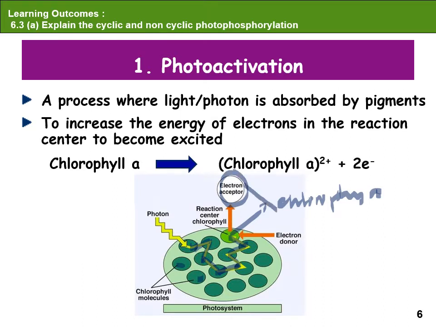So kemudian dia akan lalu ETC. So during the electron ni transfer along this ETC, ada tenaga yang terbebas lah, dan tenaga ni digunakan untuk menghasilkan ATP. Okay, so this energy dia akan synthesize ATP and also to produce the reducing agent iaitu NADPH.